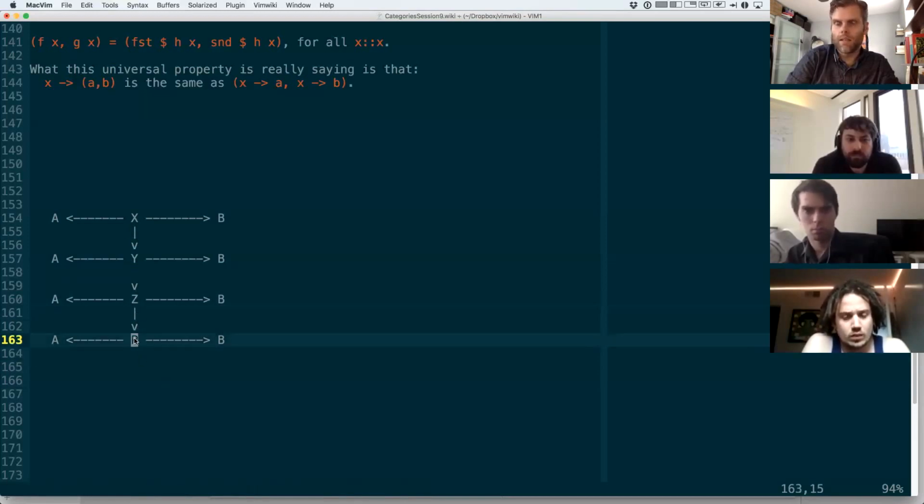So P then is going to be at the bottom of this category, such that for every other object that looks like this, there's going to be a unique arrow from that object to P. Does that make sense? And in our category of sets, this is going to be the type A, comma B.